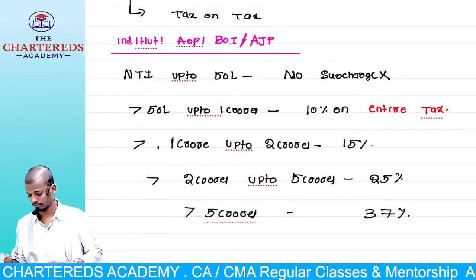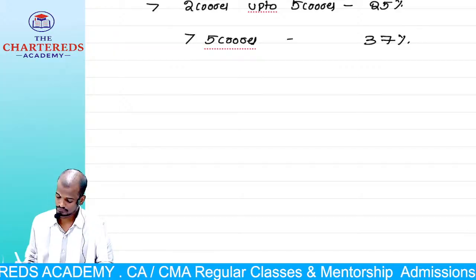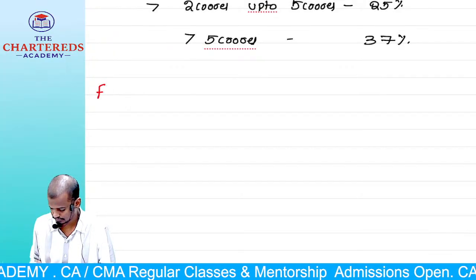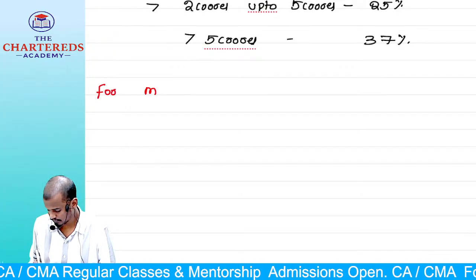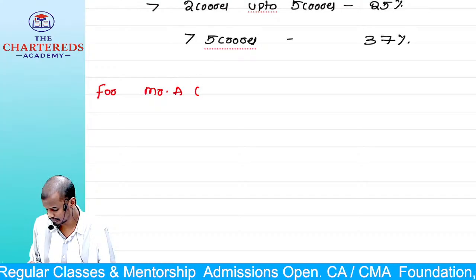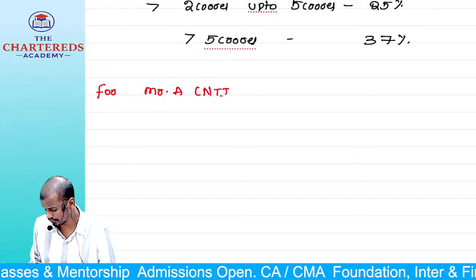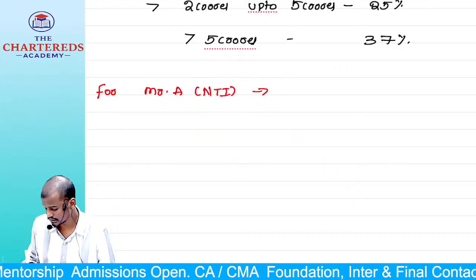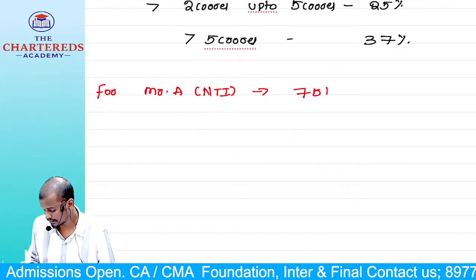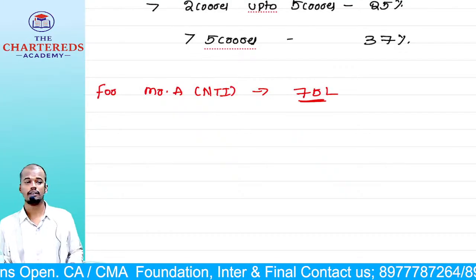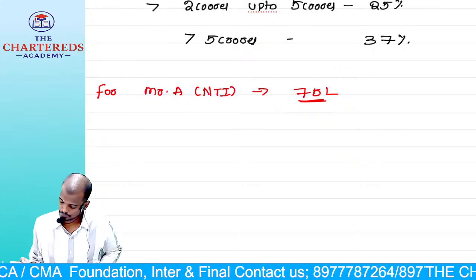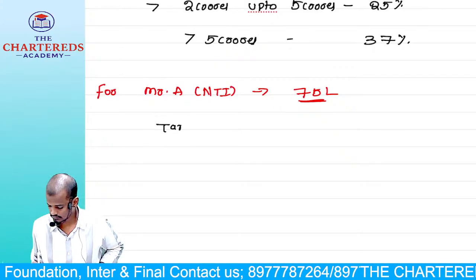Okay. For example, Mr. A's net total income was 75 lakhs. First compute tax on 75 lakhs.